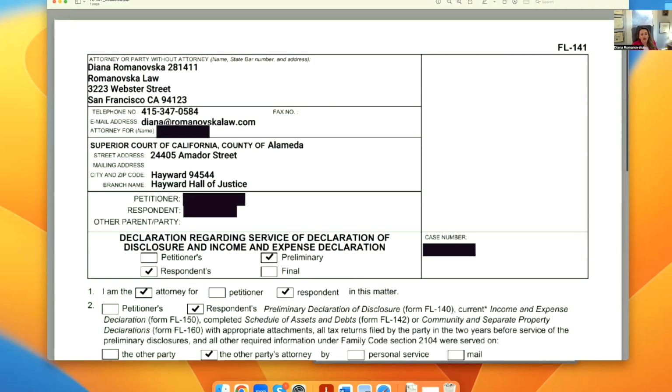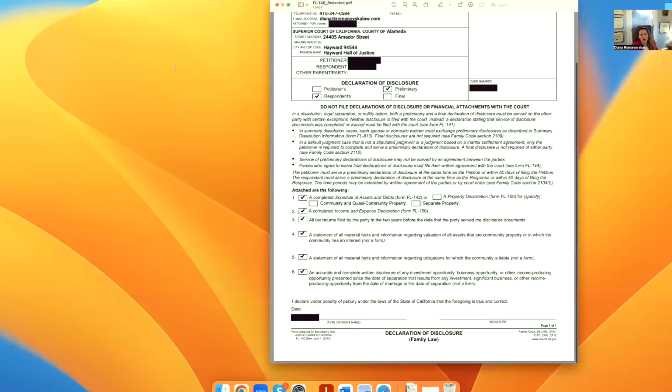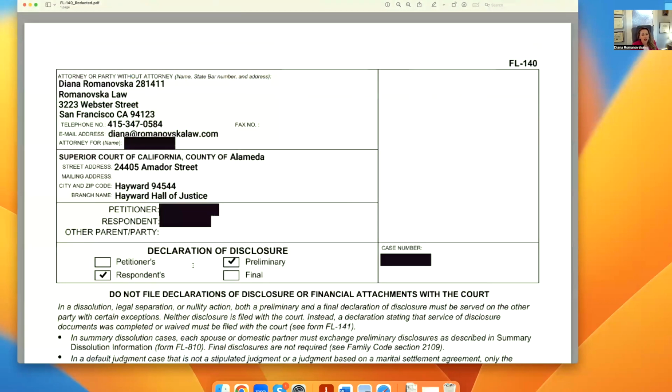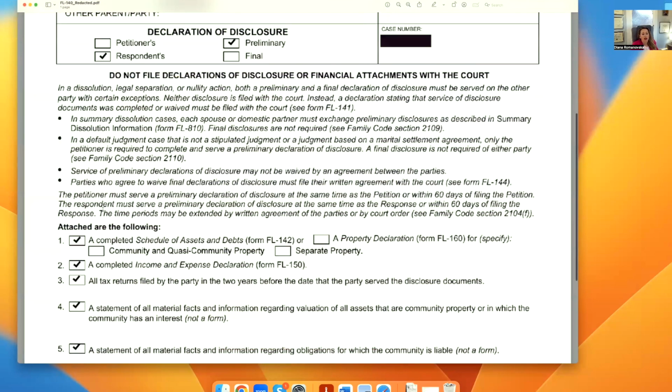Declaration regarding service: basically it shows that you delivered the preliminary declaration of disclosure forms to the other side. And this is the cover page for all the forms. Once you fill them all out, your name, everything the same, respondent's preliminary declaration of disclosure, completed.